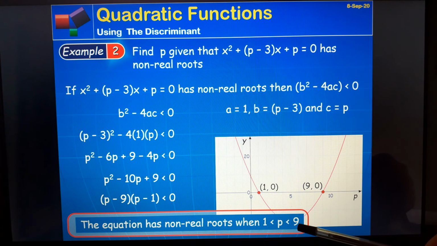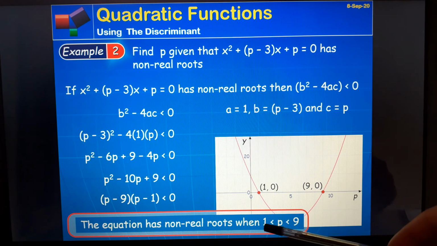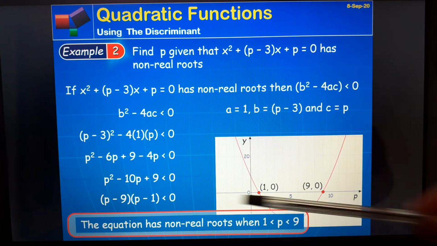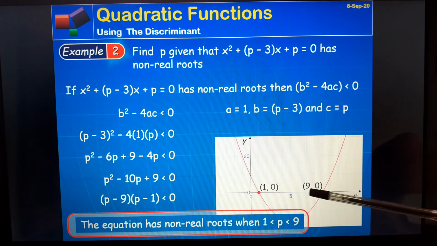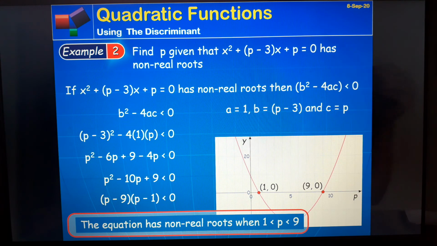P would be less than 9, so that means that 1 would be less than P. Both inequalities go in the same direction. Now you can't go from there to there without having a graph to actually physically look to see that in this case it's below the x-axis between the two numbers. And obviously the shape of the graph would be important because it would be completely the other way around if it was an upside down U-shaped parabola.